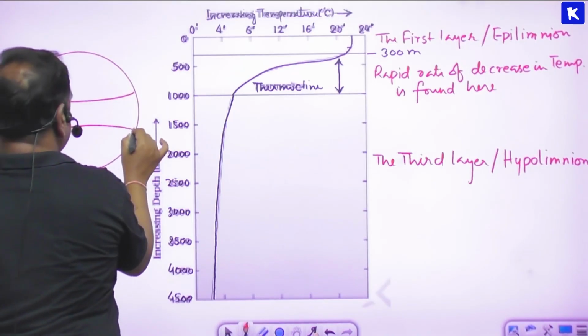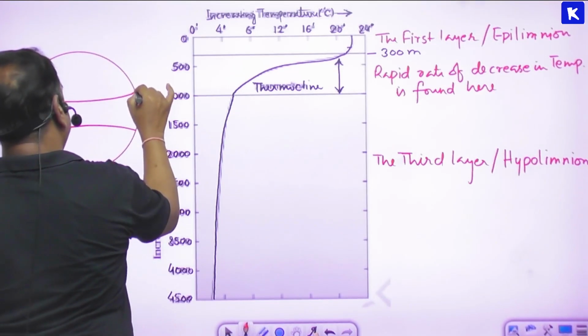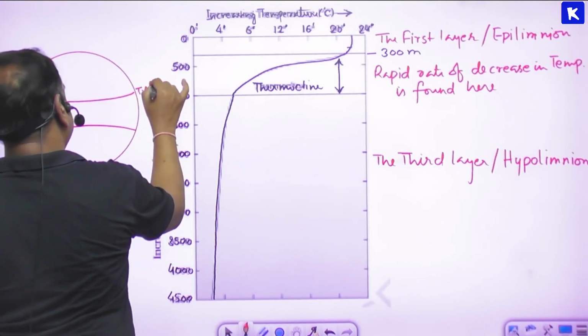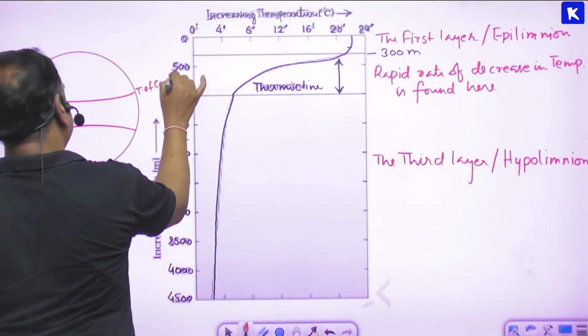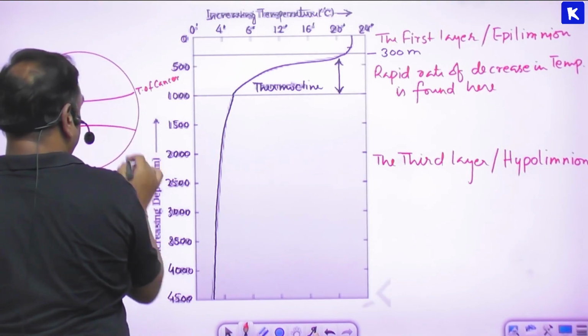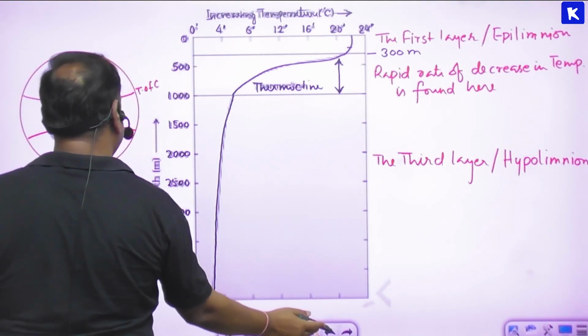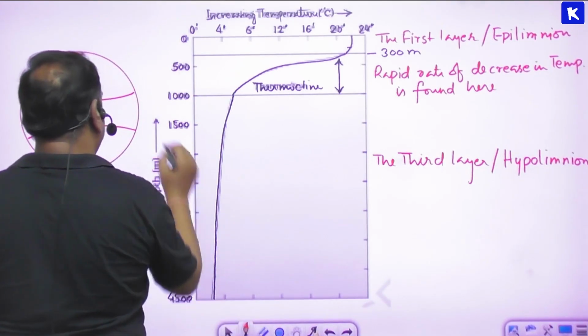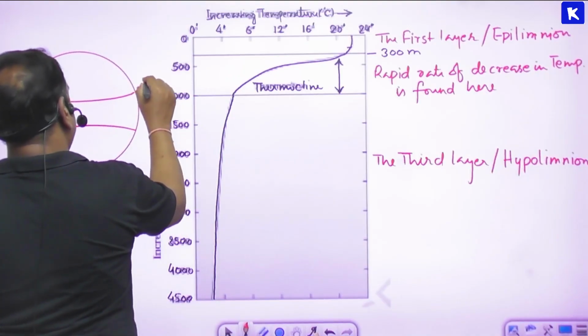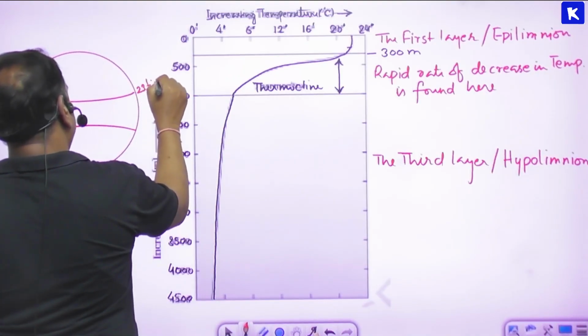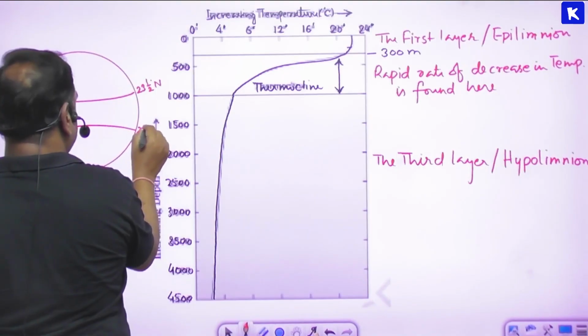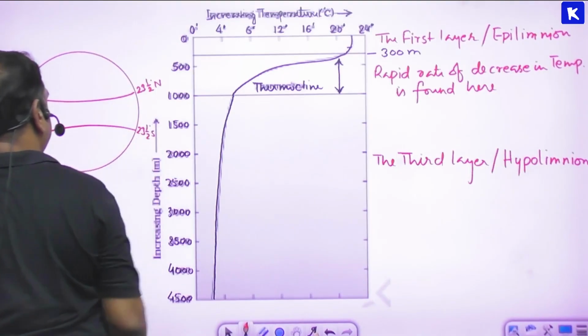The first temperature zone is found between the Tropic of Cancer and Tropic of Capricorn, right? It is the Tropic of Cancer. I write here 23.5 degrees north, 23.5 degrees south. It is the Tropic of Capricorn.